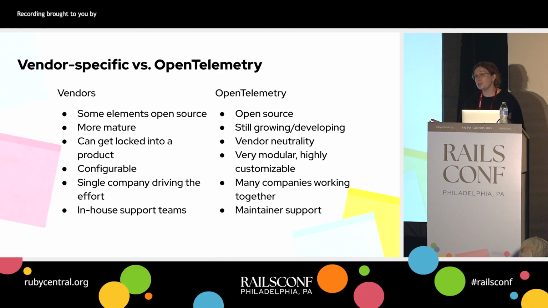With OpenTelemetry, you have maintainer support. And so you have people who are working in the open source. It's not usually their first job. It's kind of their second job or another tag on to what they do every day. So the turnaround time for pull requests and support tickets can be a lot longer. And you may be the best solver of your problem. And perhaps your PR comes in and that's what actually solves the issue.